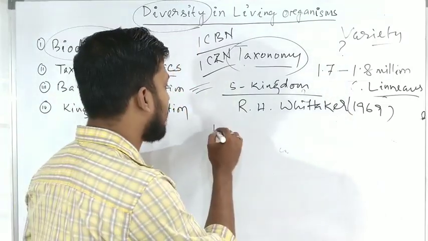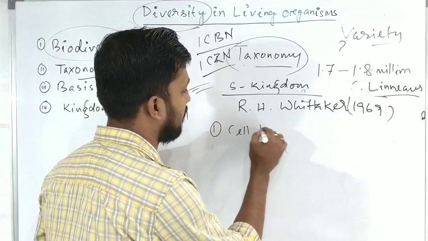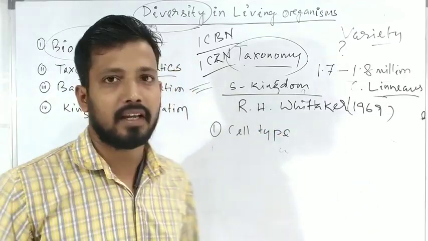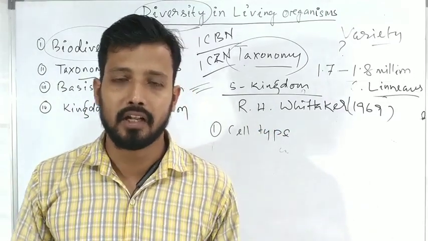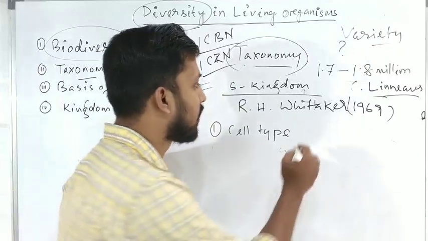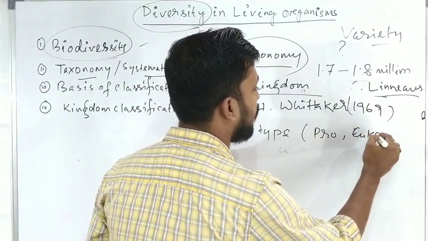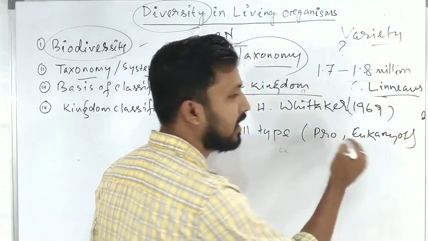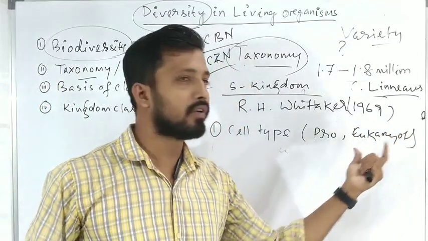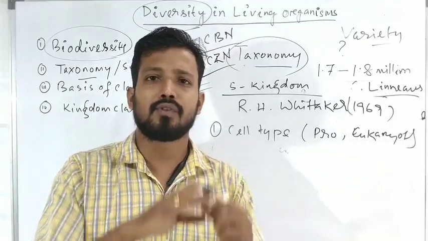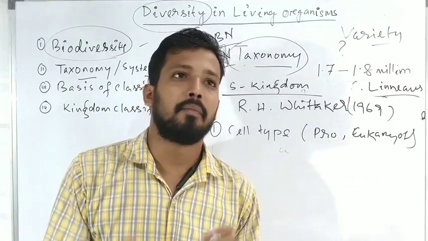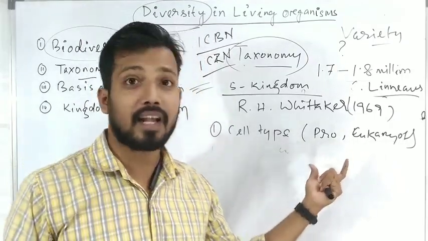The criteria are cell type, whether the organism has a prokaryotic type of cell or a eukaryotic type of cell. You know prokaryon or eukaryon: prokaryon means primitive type of nucleus, eukaryon means the advanced type. In eukaryotic organisms, the nucleus is enclosed within a membrane and membrane bound organelles are present.